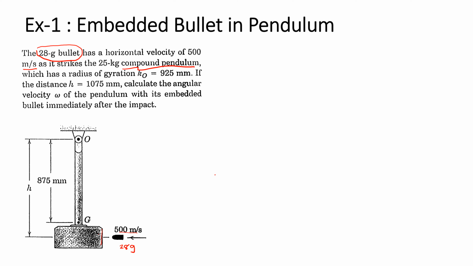After that, the bullet will stay in the pendulum and create the omega of the pendulum. And the problem also gives the information of the distance h. The distance h means we know the offset between the linear momentum and the center.